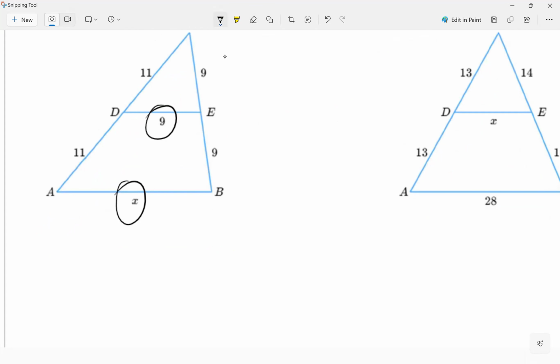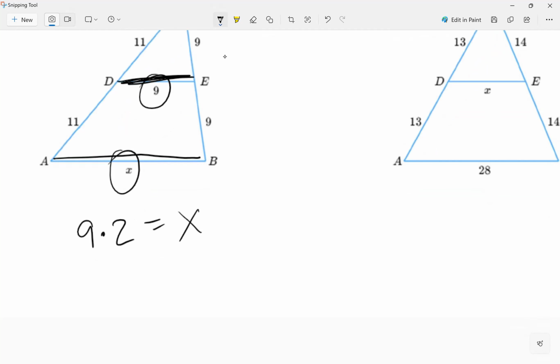So I'm going to take the small measurement, in this case 9, times 2 is equal to the big segment. Keep in mind, I said the small measurement, I never said the number or the letter. So 9 times 2 is equal to X, because it was half of it, right?